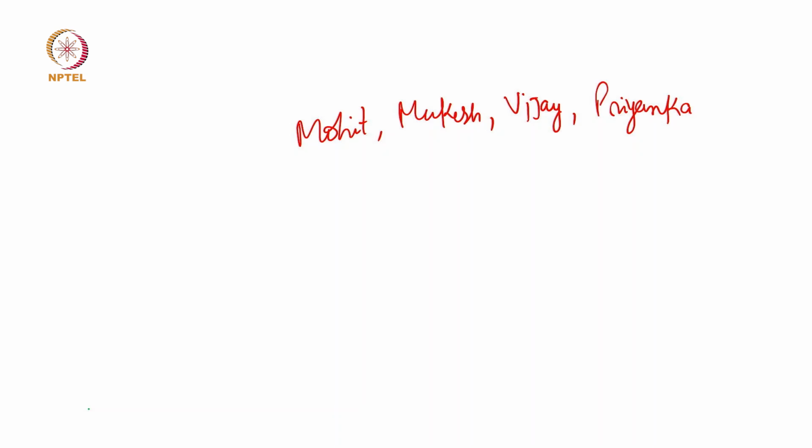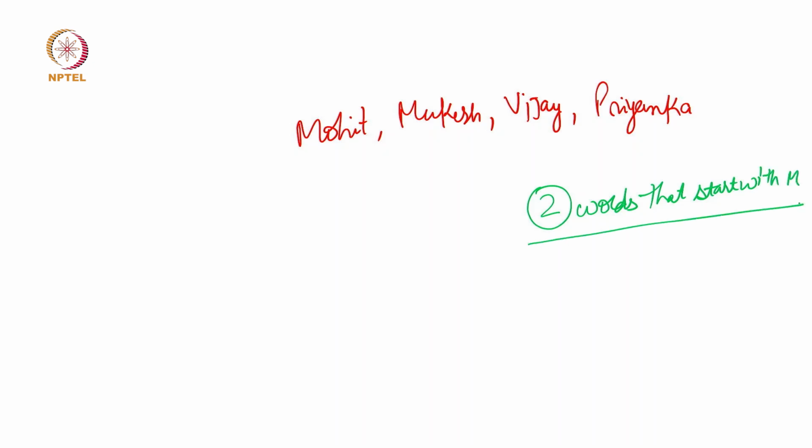So the first pattern, if you see here, is that there are 2 words that start with M. Okay. What are those 2 words? One is this, one is this.